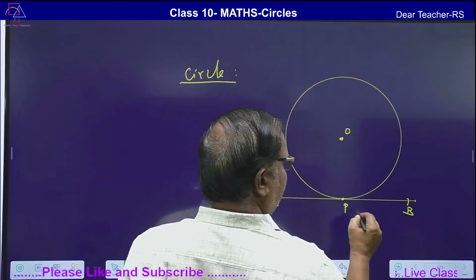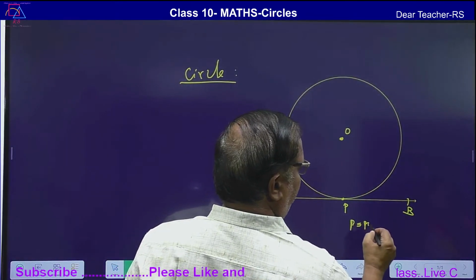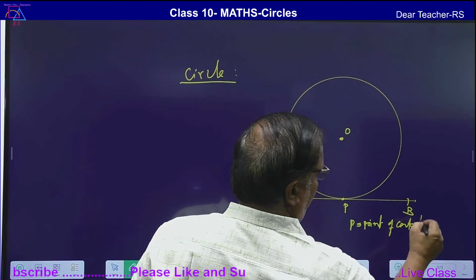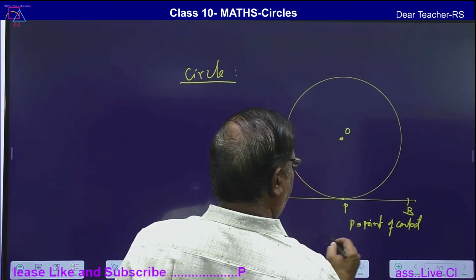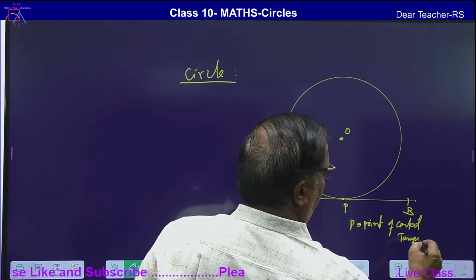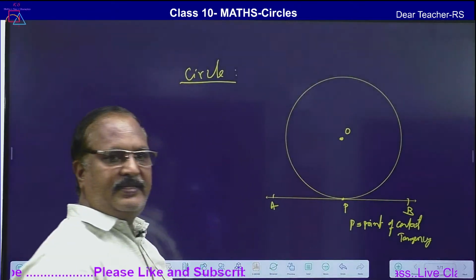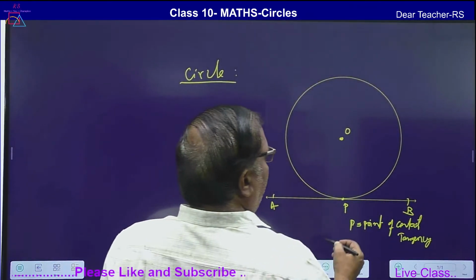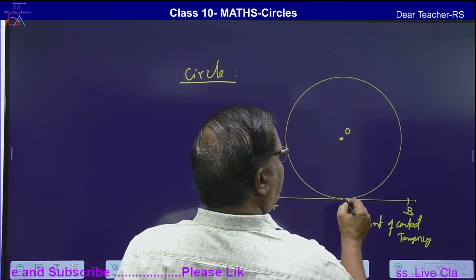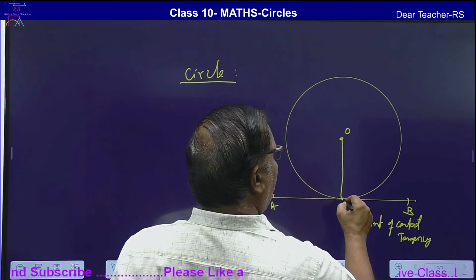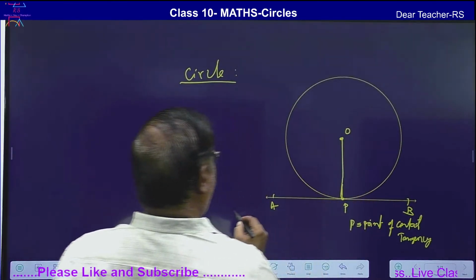This P is called point of contact or point of tangency also. Point of tangency or point of contact. So now if you join this point of contact and this O, then you will be getting OP as the radius.